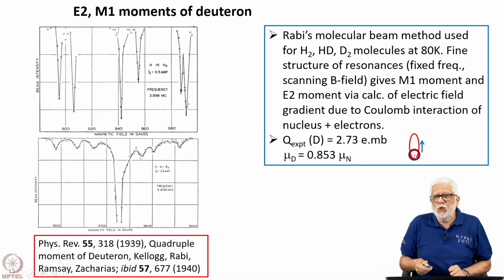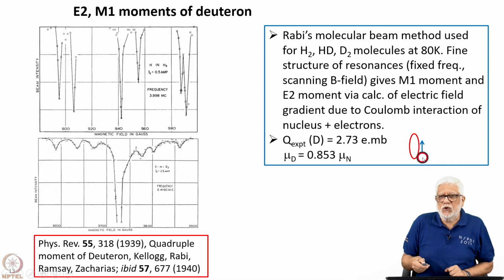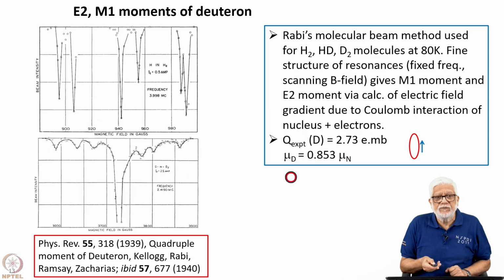From this they concluded that the quadrupole moment of the deuteron tells us this is a prolate shape, a small prolate deformation of the deuteron with density distribution, in which the long axis is aligned to the spin of the deuteron. So, this depicts the spin of the deuteron, and this is aligned with respect to the prolate axis, the long axis of the prolate deformation.